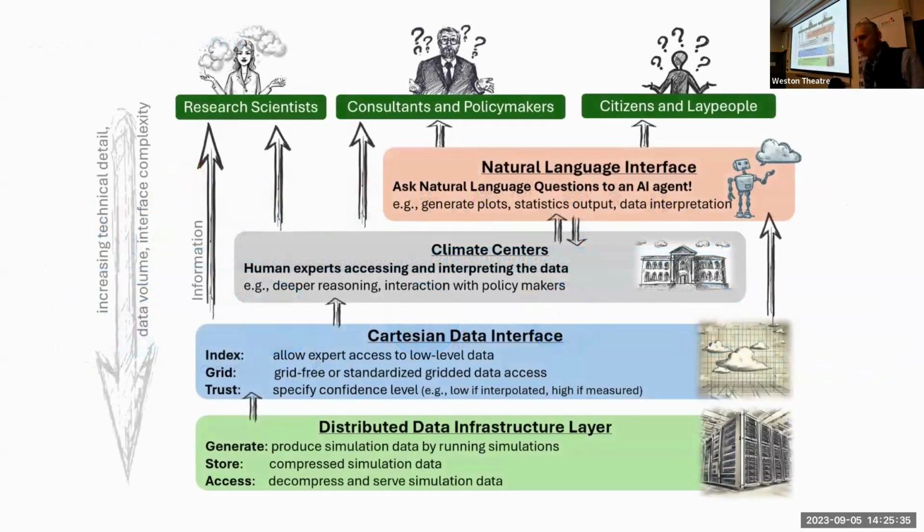And I have this last picture, which I really like. This is what we do. We generate data and we put it in a data infrastructure layer. But really, it's the people up there who want to use it. And there's a wide range of people, from us as research scientists, to consultants and policymakers, to citizens and lay people. They want to understand, they want to interact with this data.